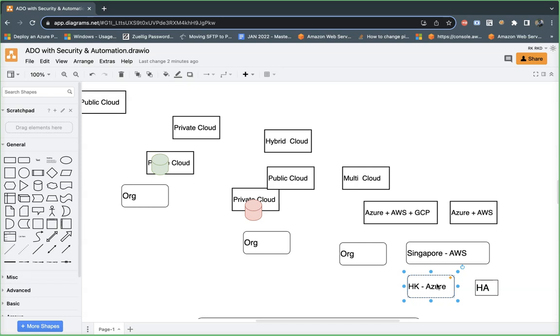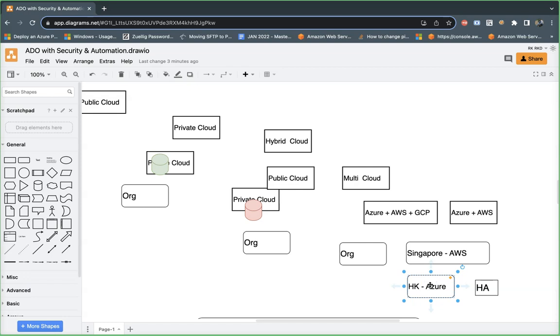That is not possible. Maybe a few clouds have data centers in multiple regions, but a few may not. So when the organization has an HK user base and a Singapore user base, the organization will clearly tell you, okay, then we will go for AWS in Singapore, Azure in Hong Kong.